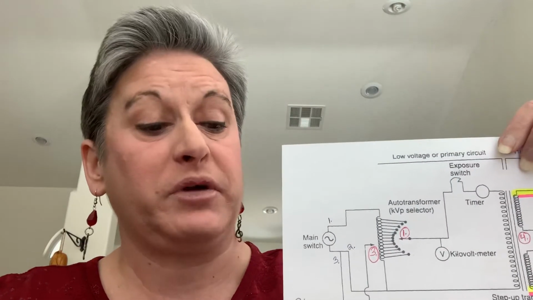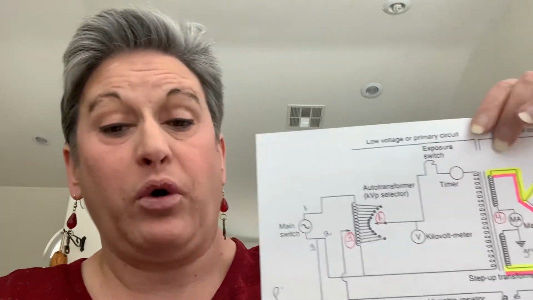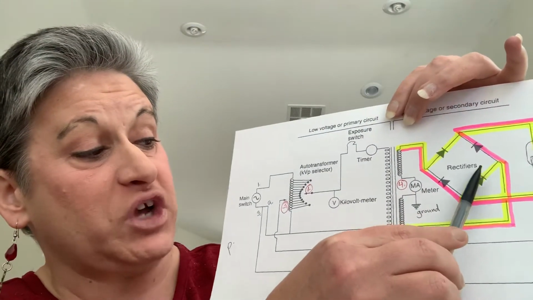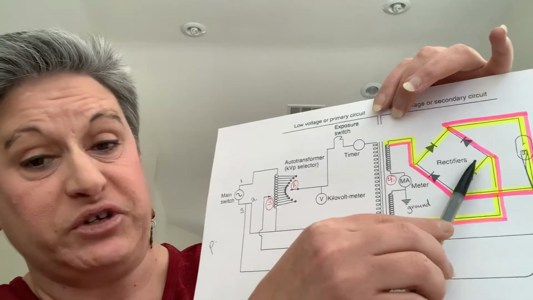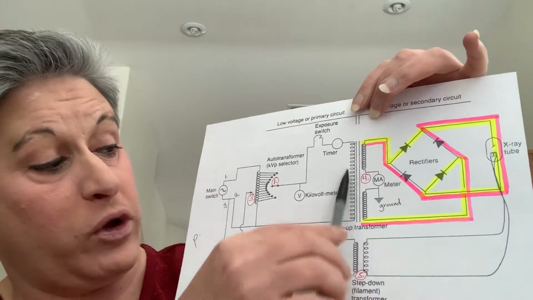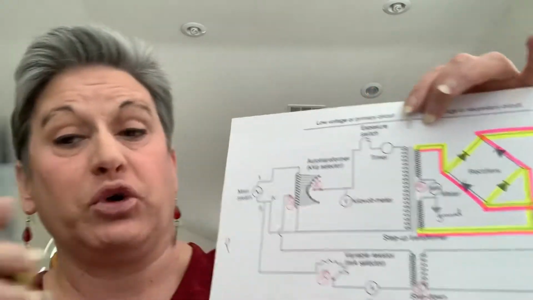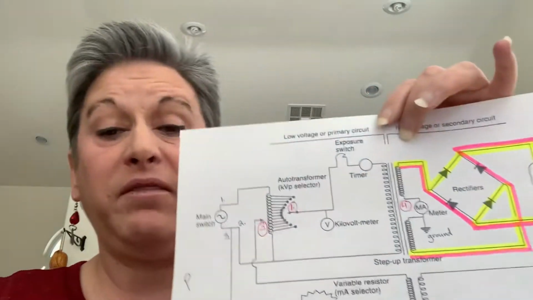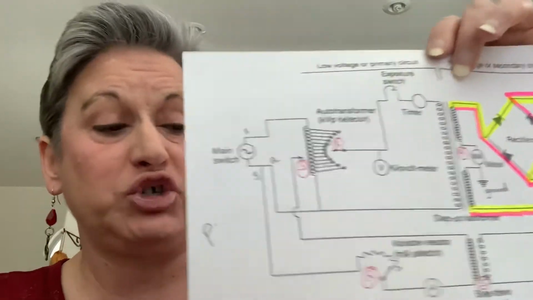So it's called the step-up transformer. If you go the other way, from the high voltage side to the low voltage side, of course, there are fewer coils going that way, so the voltage goes down, and that is called the step-down transformer.